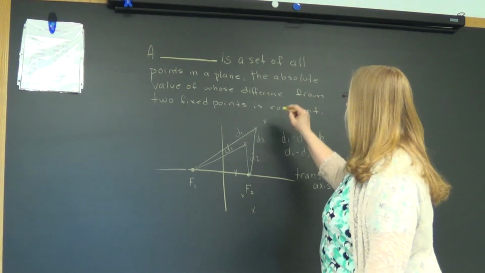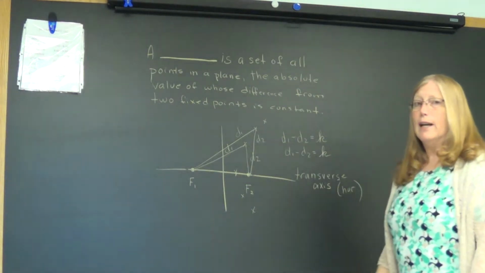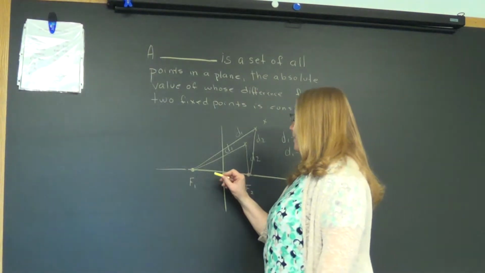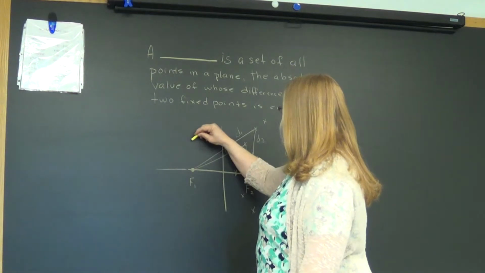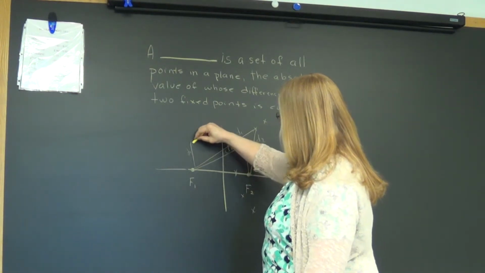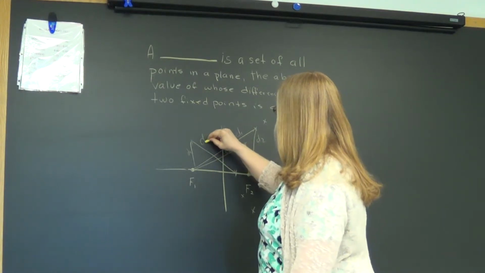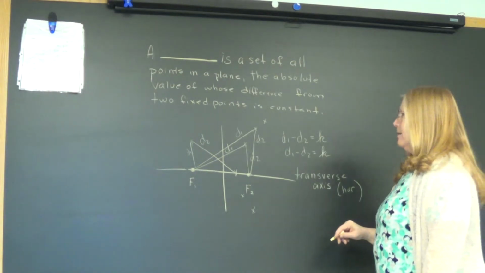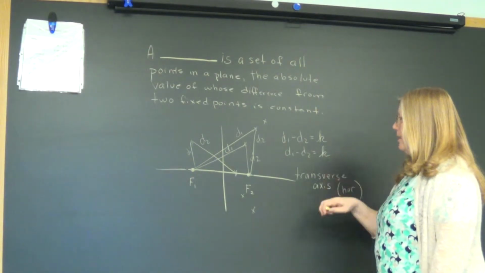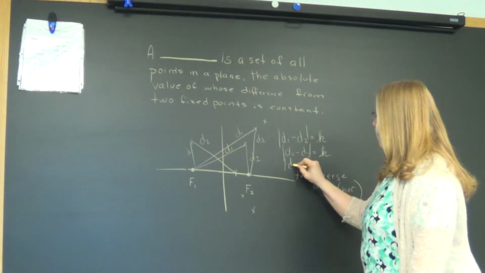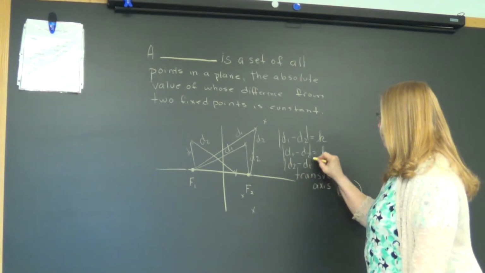But then we have this idea of the absolute value. So the absolute value means I can find a point over here where I have a short D1 minus a long D2, but because it's the absolute value, this K can be constant. So I can switch operations.